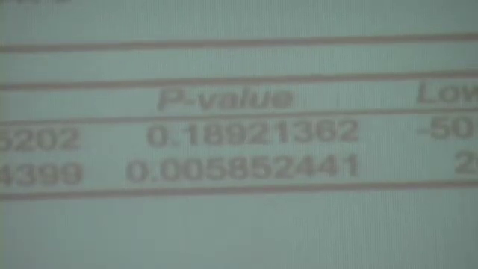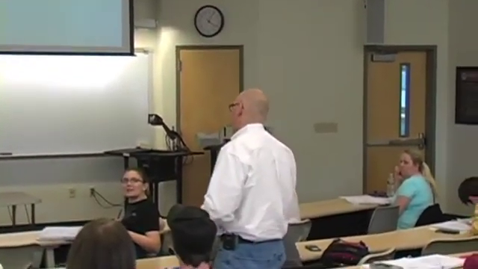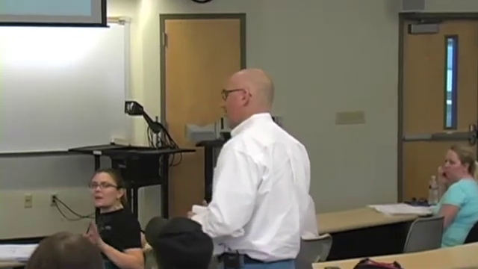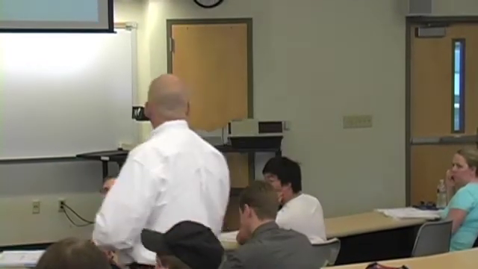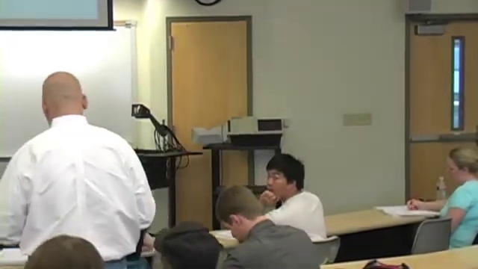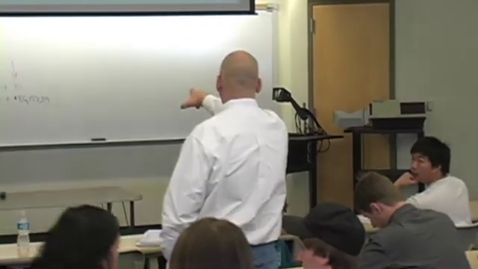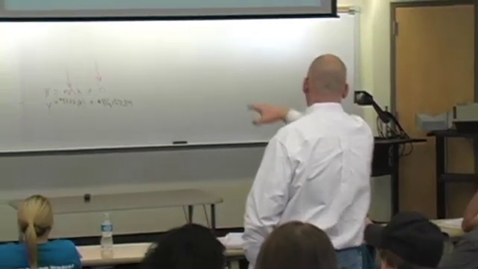I don't understand any of what you guys are talking about with alpha. Have you had stats? Which stats is that in? Stats 2. Well then you haven't done stats 2 yet. It's not anything you're going to be tested on. What you're going to be tested on is under the red arrows on the board.